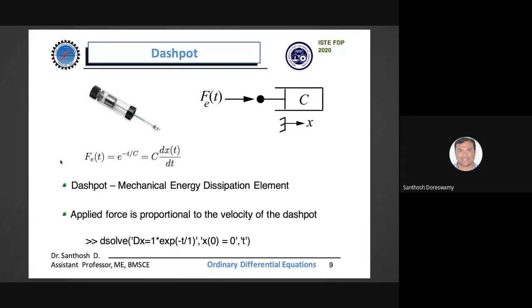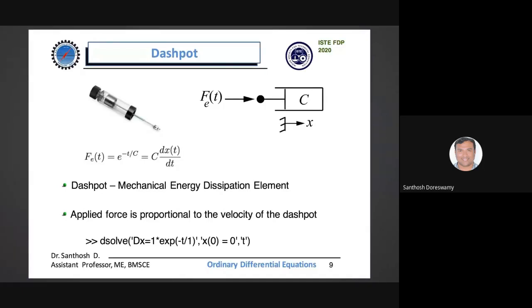Now if you take a dashpot, you will have a cylinder within which you will have a movable piston, right? So if you apply force to this piston on this end, you will see the displacement of the piston within the dashpot. So if I take that force f of t as a force that I apply in the end of the dashpot, then I can push this piston through a viscous fluid.